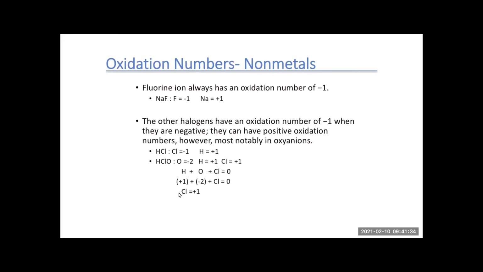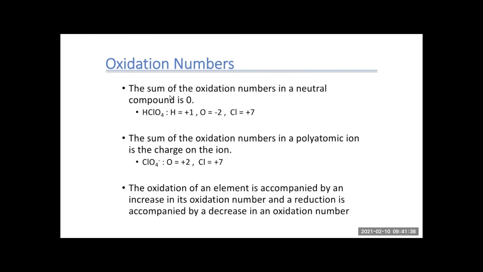We can also do this for other polyatomic ions. So if we had perchloric acid, we can do the same thing. Set it up where hydrogen is a +1. Each oxygen would be a -2. So I'd have hydrogen plus 4 oxygens plus chlorine equals 0.